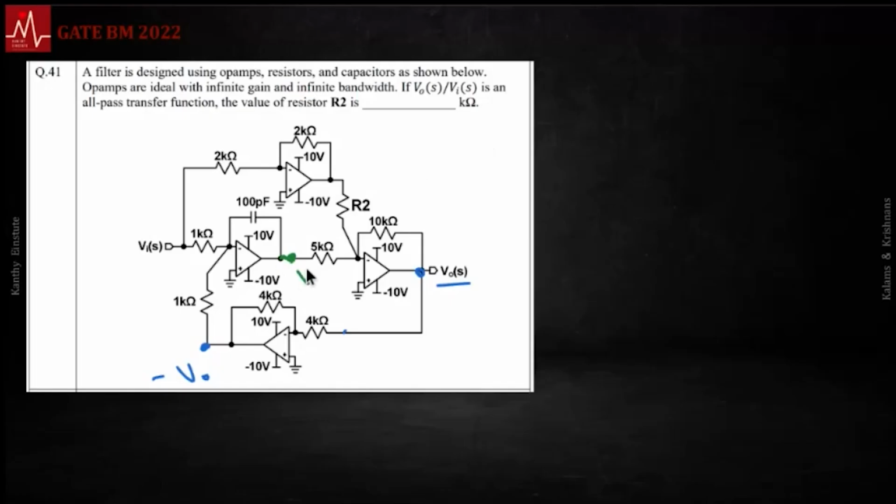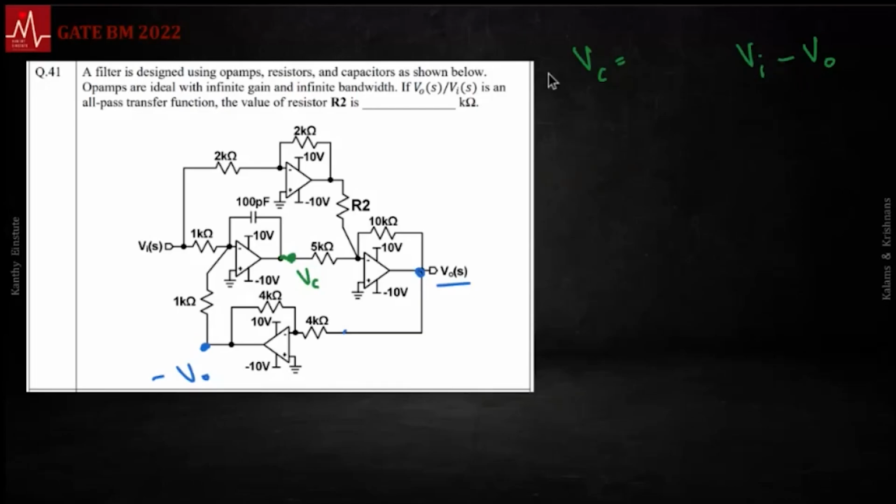Let's call this V center. Center happens to be the summation of the two signals, VA plus minus V naught. So that is VA minus V naught.